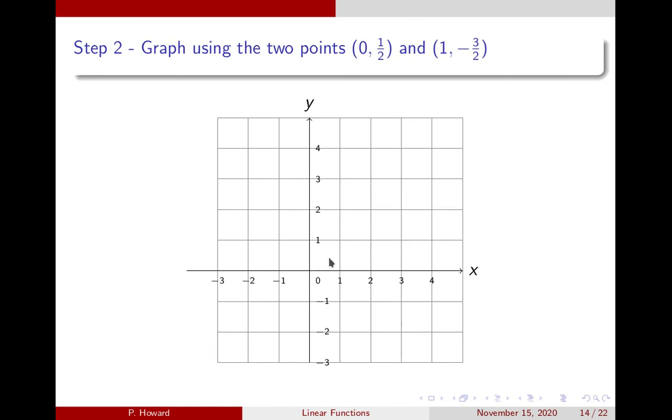And the point 1, minus 3 halves, that will be 3 halves units down from 1, right about there. You plot those 2 points, and then you connect with a straight line, and you have the graph.